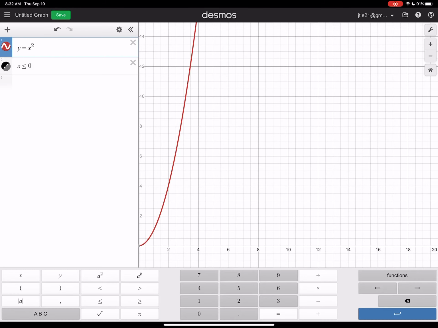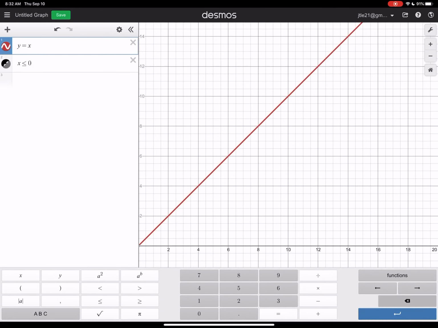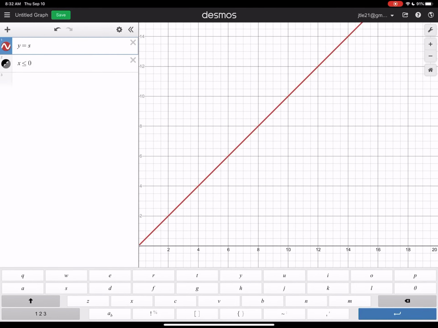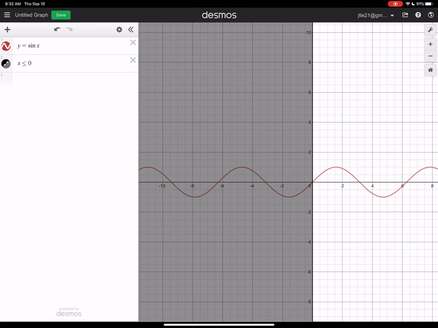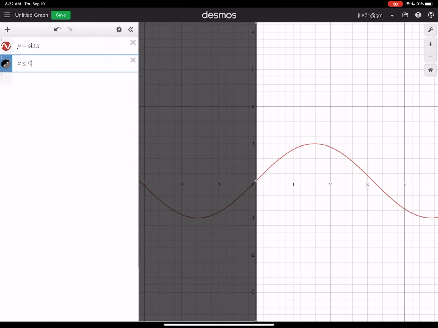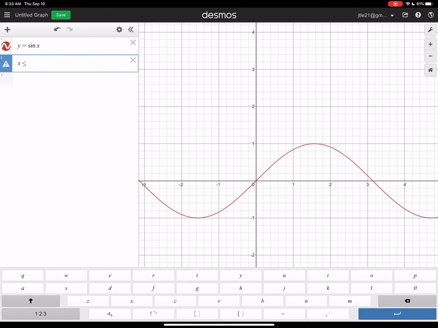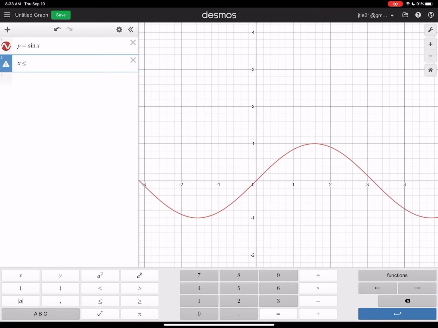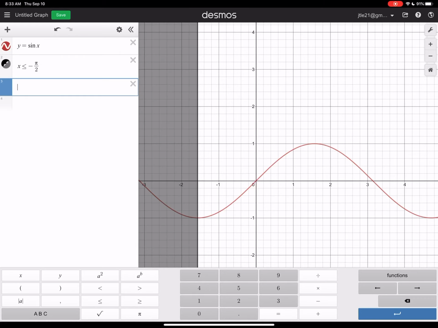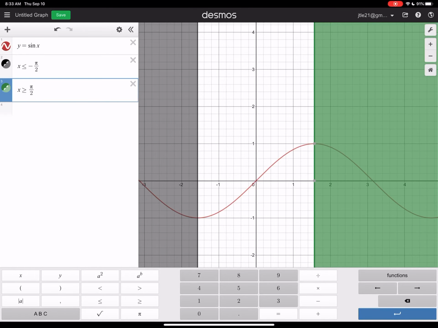So for instance, if you had sine x, which is the one that we were working on, this thing waves forever. It goes on and on and on. But what if we were to restrict it right at negative pi over 2 and restrict it at pi over 2, okay?